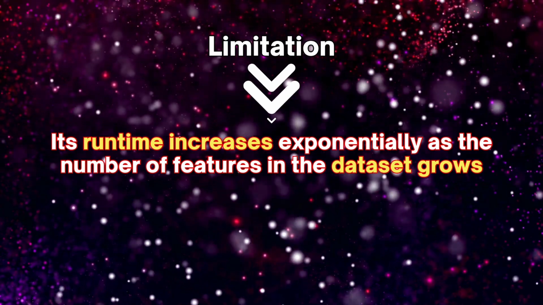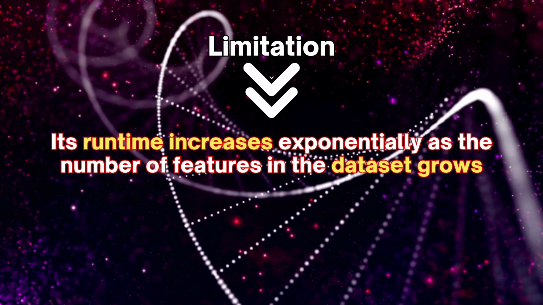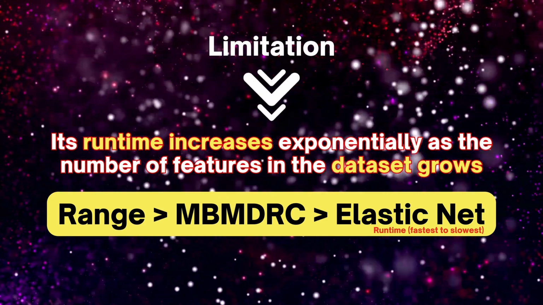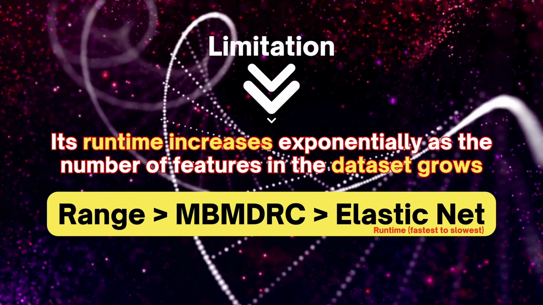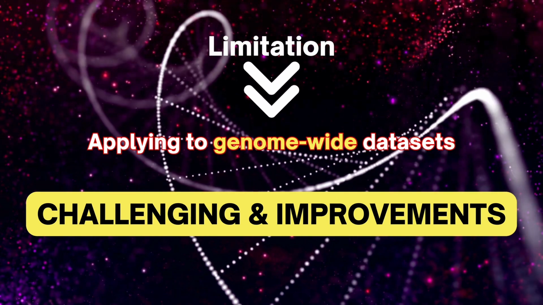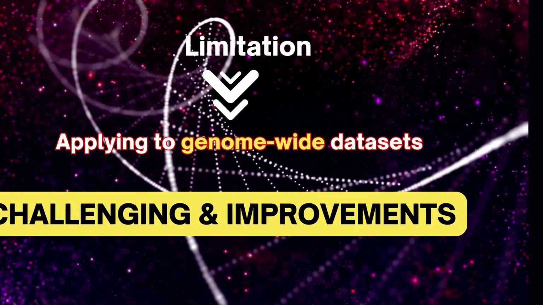One limitation of their new method is that its runtime increases exponentially with the number of features in a dataset. This makes applying their new method to genome-wide datasets challenging and highlights the need for further improvements.